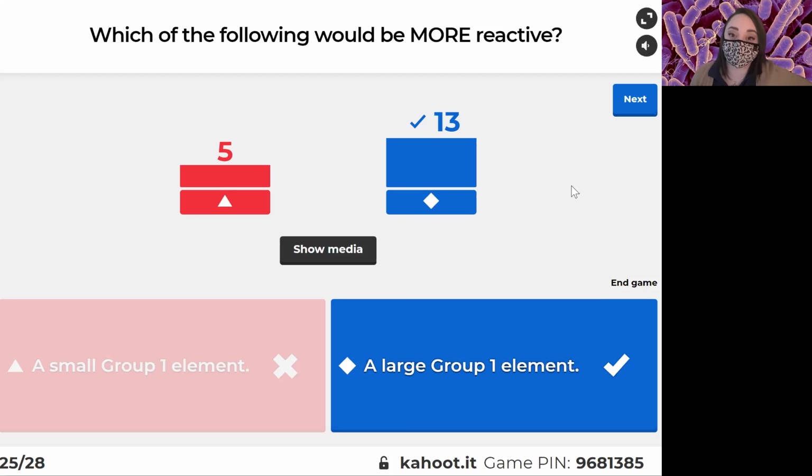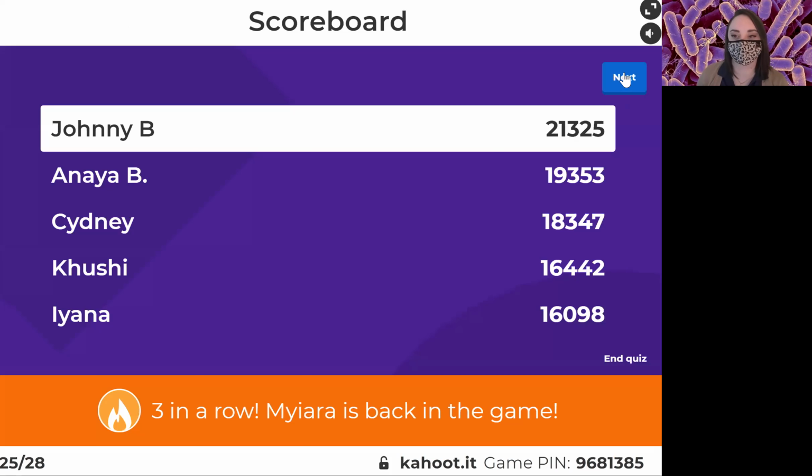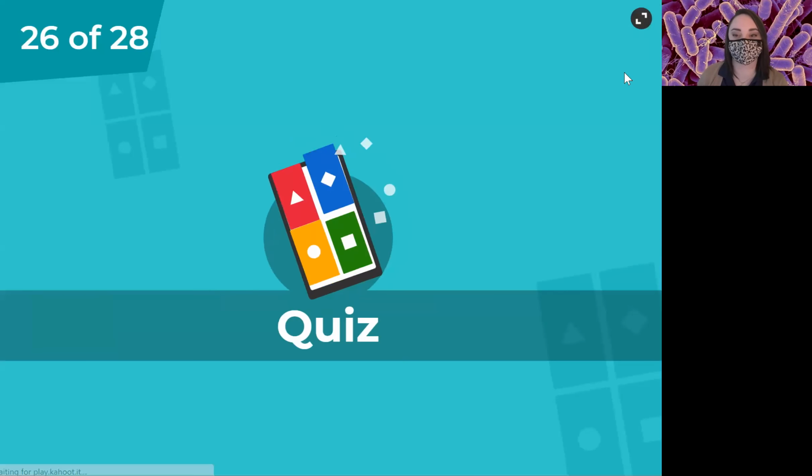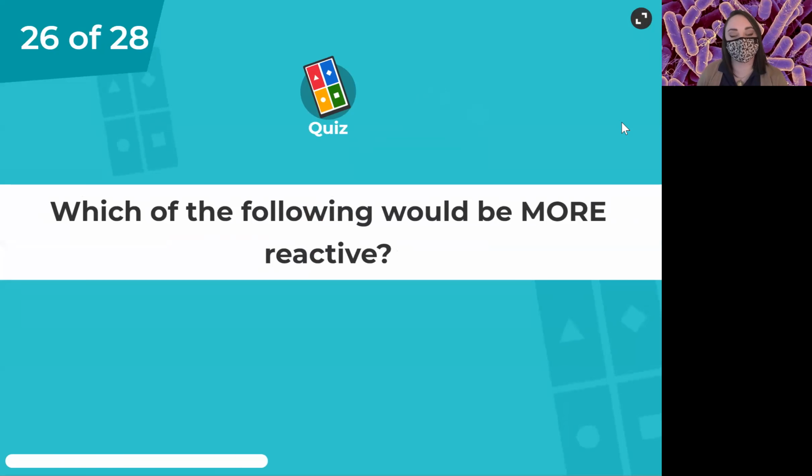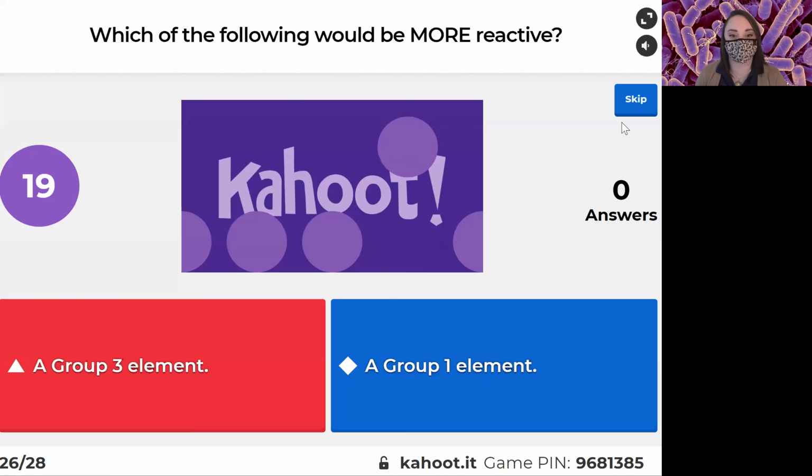The easier it is for them to lose their valence electrons, the more reactive they are. So first, if they have fewer valence electrons, that makes them more reactive. Then if they're bigger, that makes them more reactive because there's a very, very weak attraction between the electrons and protons. And so they're very easy to get rid of. Very good. Now, which of the following would be more reactive?